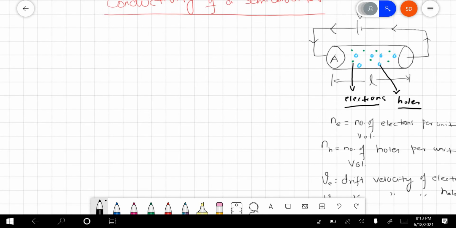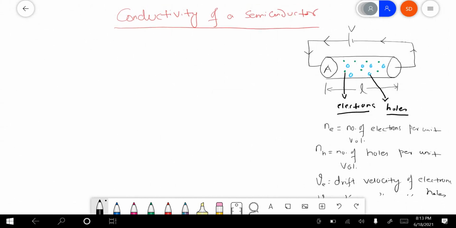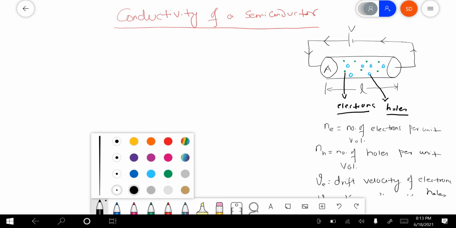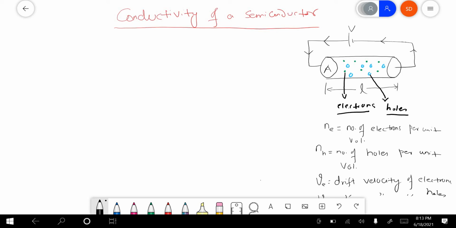Now we know that, as I already told you, the conductivity will be contributed by both electrons and holes. So the current will be contributed by both electrons and holes.